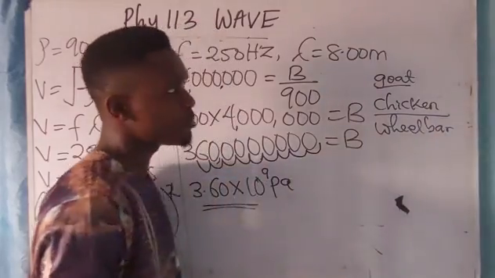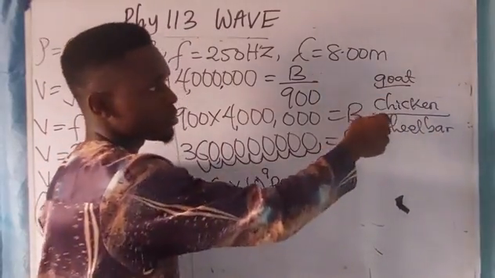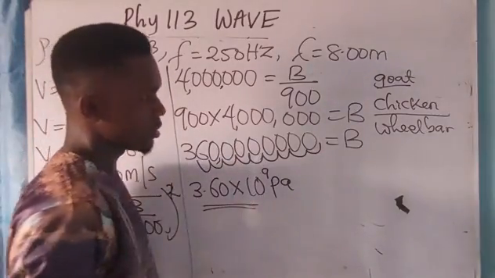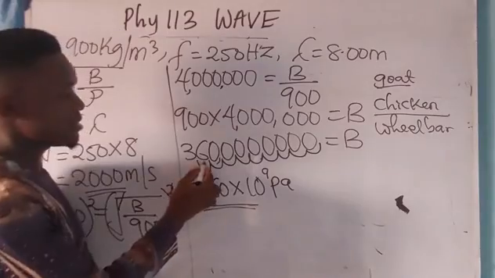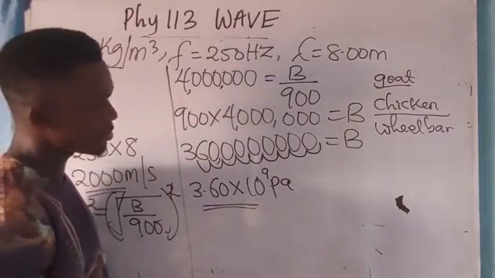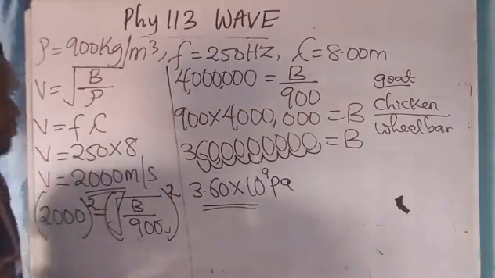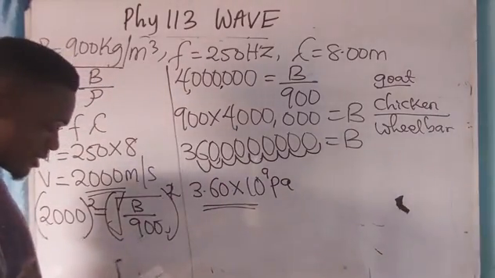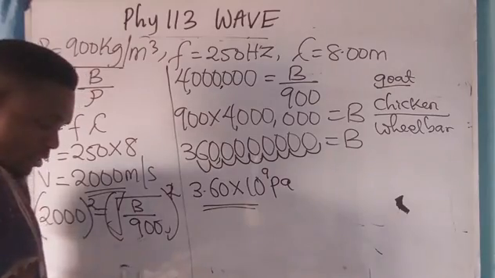Don't do that now. I wouldn't be saving somebody's number as goat, chicken, wheelbarrow, drum. It's not good. Look at that, 360 million. I know my money is past that one now. That is small money.